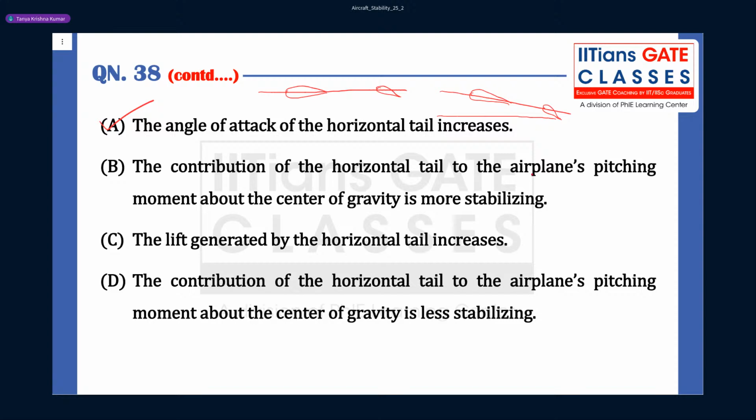Now let's look at this. So now when the angle of attack at tail increases, when alpha tail increases, what happens? The lift at the tail increases. So this leads to a lift at tail increasing. So that means there is an increase in lift here, delta L, due to increase in angle of attack. What does this do? This creates a nose down moment about CG, which is somewhere here.